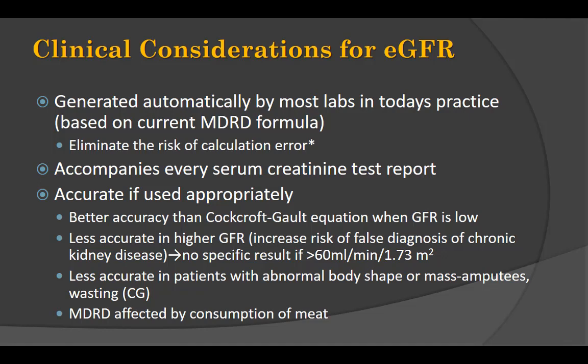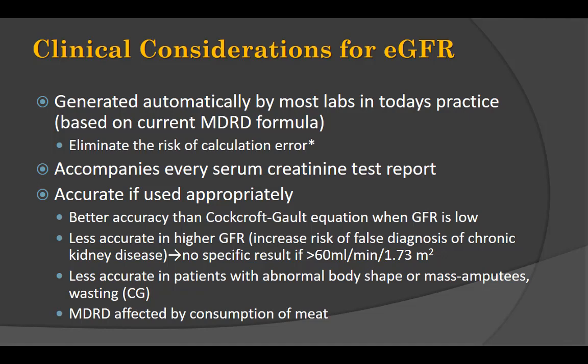Both of them have their pros and cons. Just some of them are listed here. Less accurate in higher GFR, and no specific result if it's more than 60 milliliter per minute per 1.73 meters square. So it becomes invalid if the GFR is too high. Less accurate in patients with abnormal body shape or amputees.